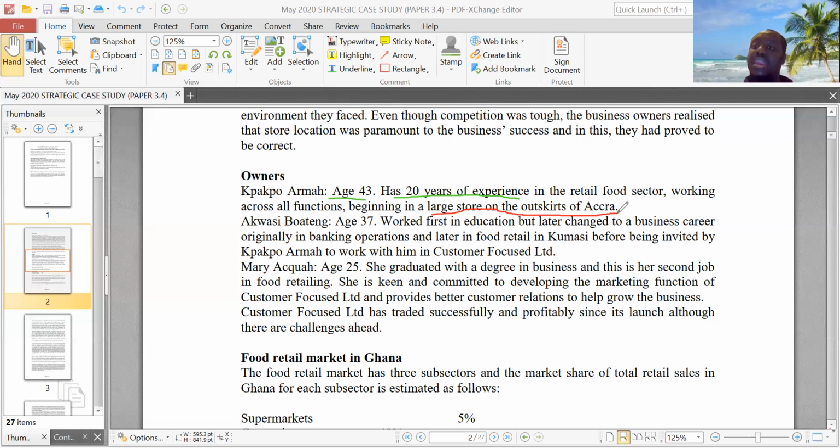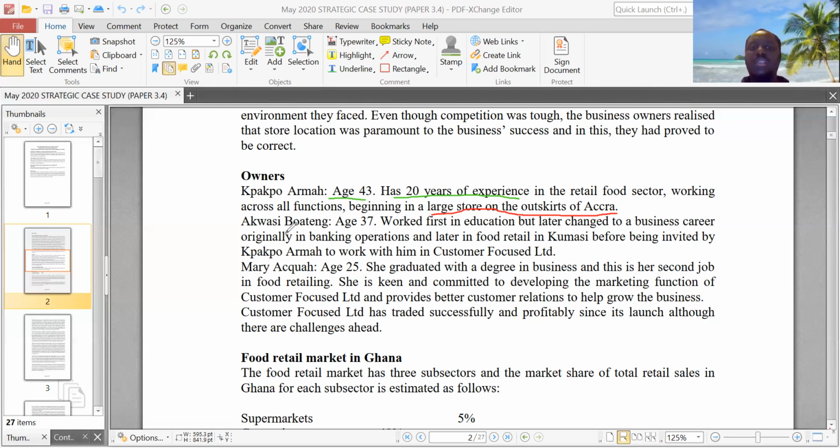He probably ended up somewhere in Accra during his career, but we are not told yet whether he worked in Accra. So that's something to watch out for. But the main thing here is that he has a lot of experience in the food retail sector. So this is relevant experience.